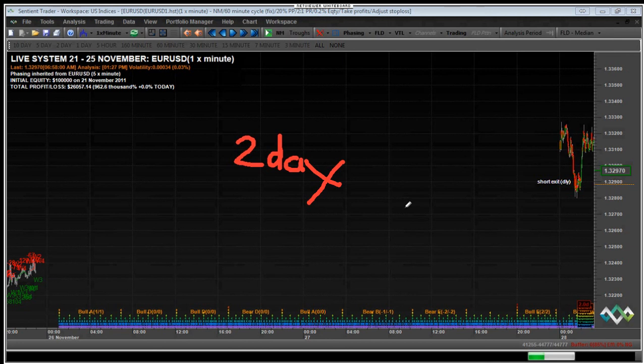Okay, so what that means is that if you suspect that the 2-day cycle trough has not been correctly positioned yet, in other words, it hasn't been found on Friday, then you need to be cautious trading on Monday morning.